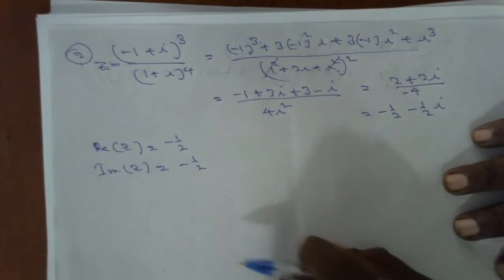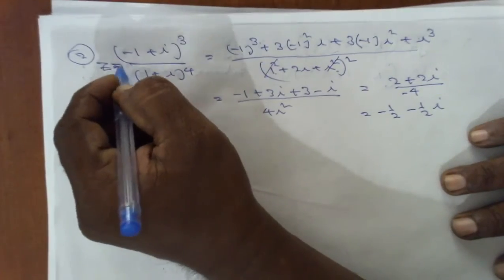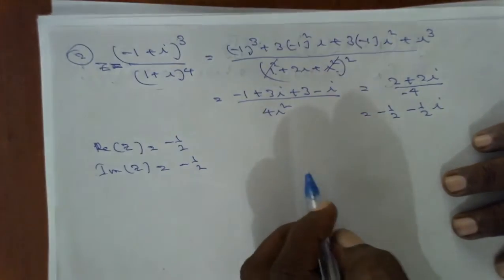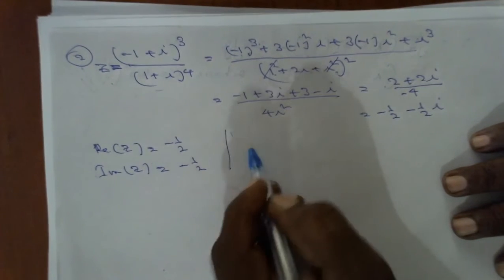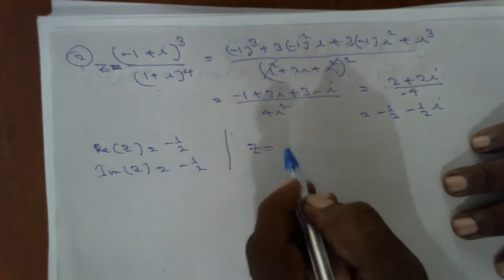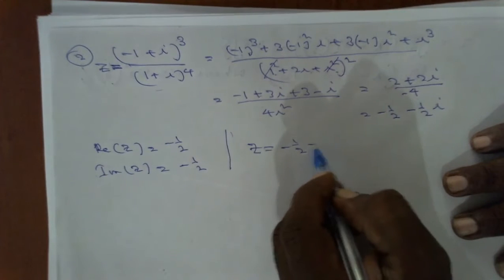So you can take this as the complex number c, the entire complex number. Now they ask to find this complex number in polar form.